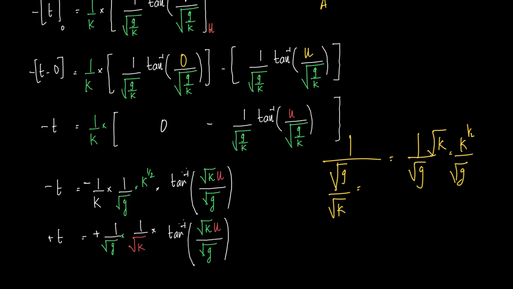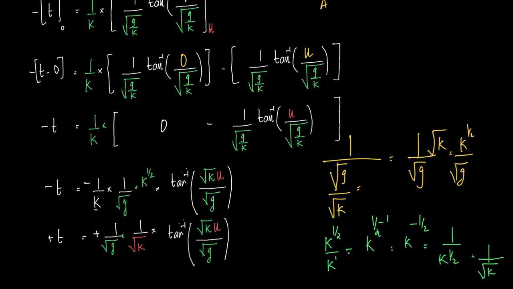Now if we go to the next step, what is 1 by k? Okay, so I think I should clarify this thing. So now we have k here, and k to the power 1 by 2 in the denominator. So this is k to the power 1 minus 1 by 2, which is k to the power minus 1 by 2, which is actually 1 by k to the power 1 by 2, which is actually 1 by root of k.